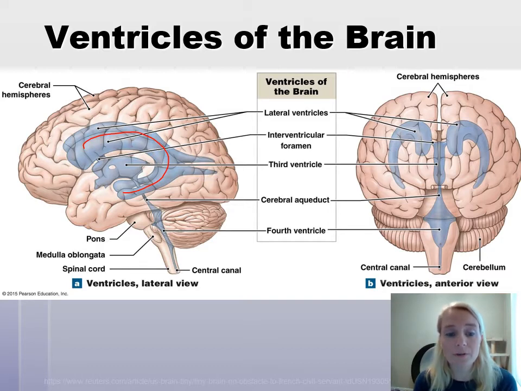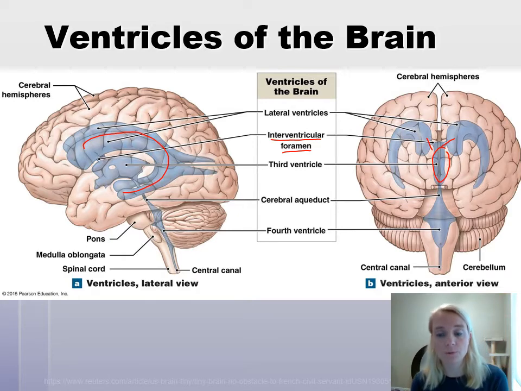The 2 lateral ventricles are the most superior, and they sit off to the side, and they are continuous with the third ventricle via what's called the interventricular foramen. Again, we're using the word foramen because we know that means hole from our bone list, and inter meaning between. So interventricular foramen means the hole between the ventricles.